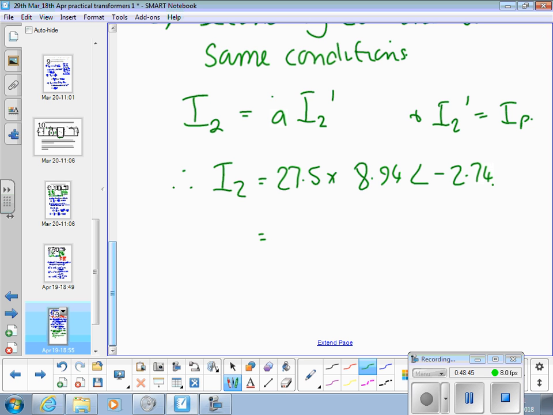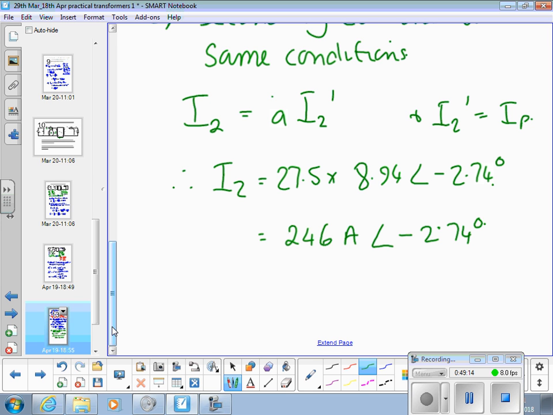That's going to be equal to 27.5 times 8.94, which is 245.9 amps, angle minus 2.74 degrees.